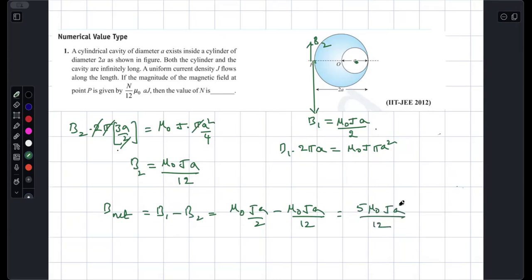Let me just check this. What is this? Is the last question of Got that? Same way. 5. Hello. We got the same answer. Right. Any doubts? Any doubts on this?